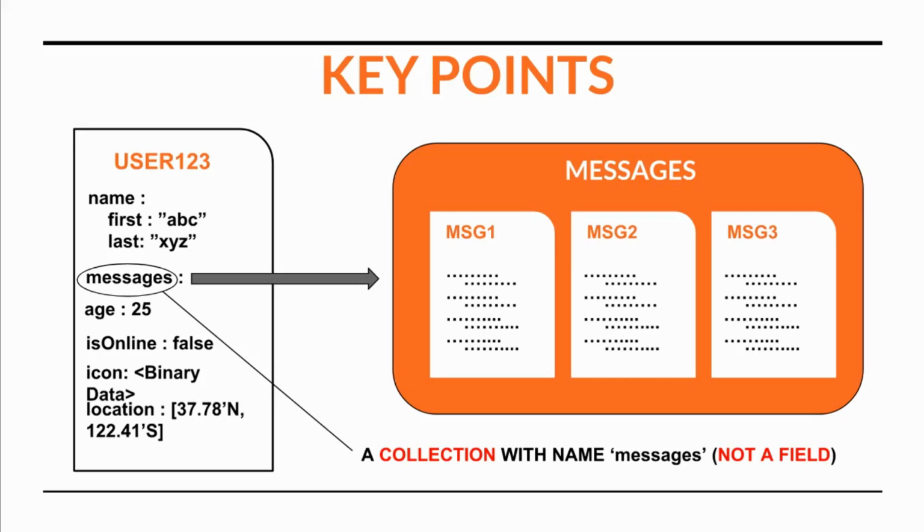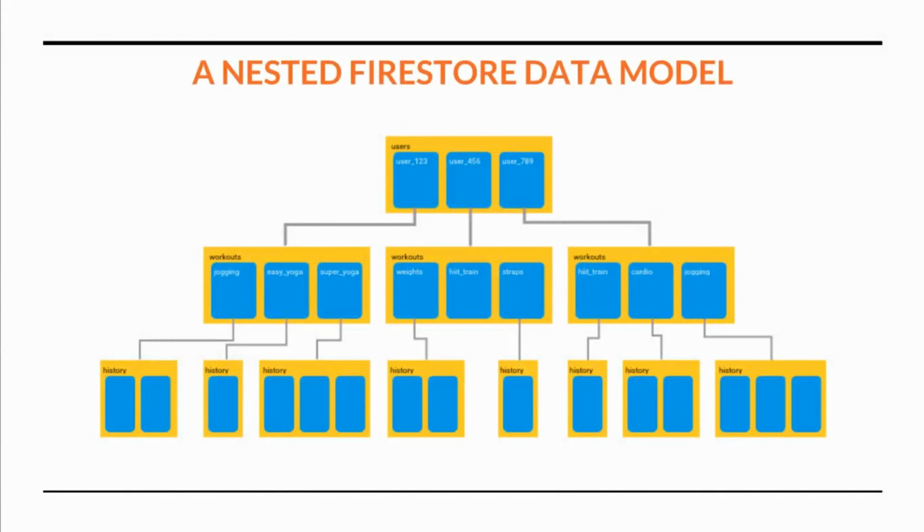These are the 3 key points that you need to understand and keep in mind before getting started with Firestore coding. Now in the next slide, which is our last slide, we will see a nested Firestore data model. The root collection is a users collection which contains 3 documents. Each document contains a reference to another collection, that is workouts.